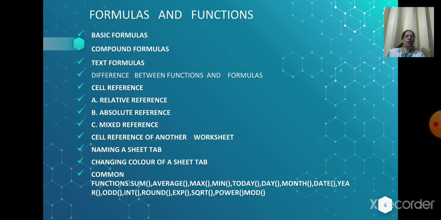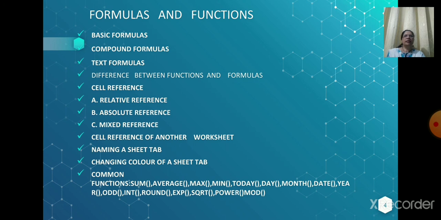When you copy or move the formula to other cells, the reference automatically changes. The absolute reference is used when you do not want to change the address of the cell on copying the formula to another cell. And the mixed reference is a combination of relative and absolute reference, where either the row or the column has to remain fixed.